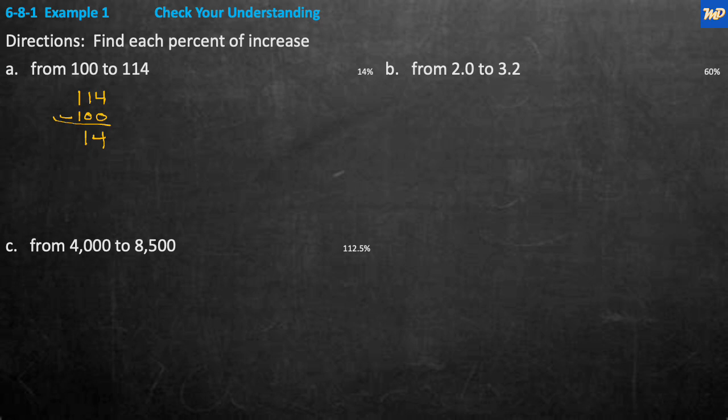And the percent change is equal to the amount of change, the 14, over the starting amount, which was 100, and you end up with 0.14. Okay? We move the decimal two places to the right. And then we can convert that to a percent by saying that is equal to 14%.